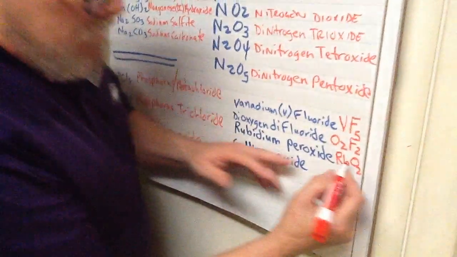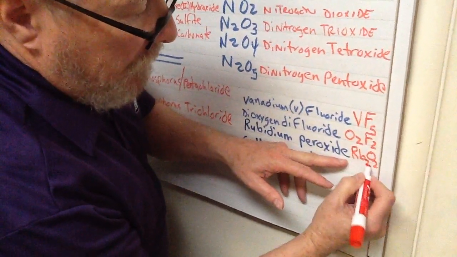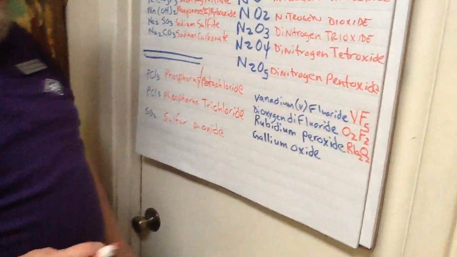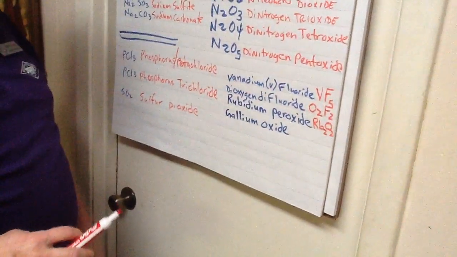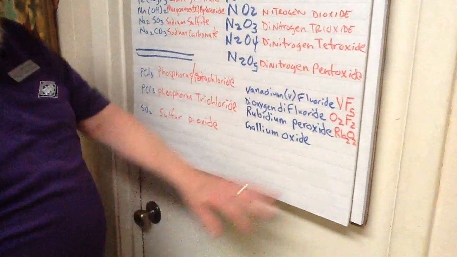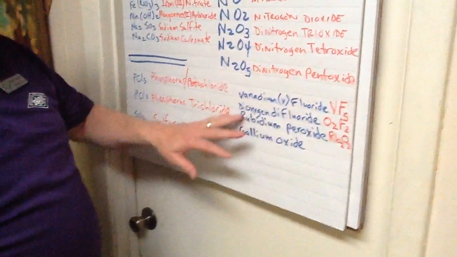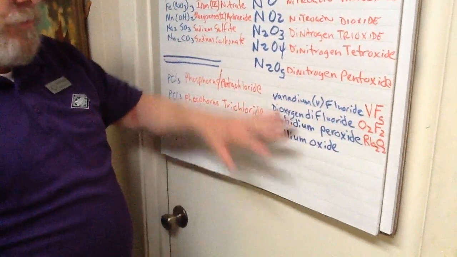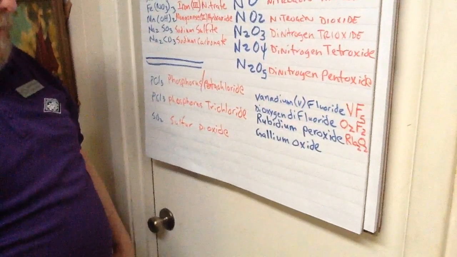So, rubidium 2, oxygen 2. This is an unusual polyatomic anion, the peroxide. But it would be just like H2O2 and hydrogen peroxide. Rubidium is another group 1 metal just further down in the periodic table.